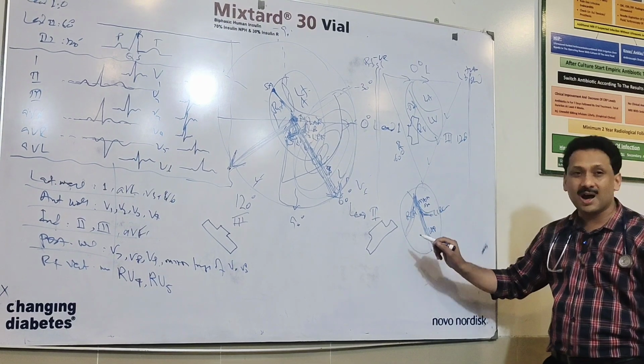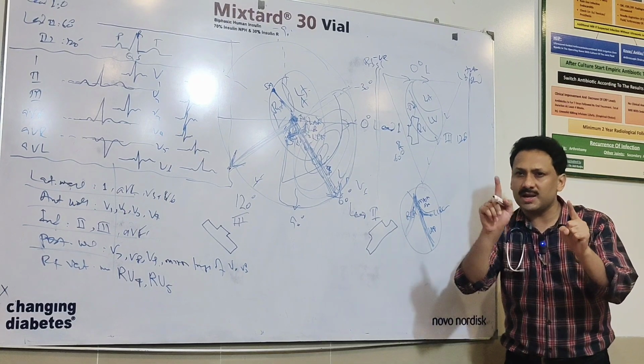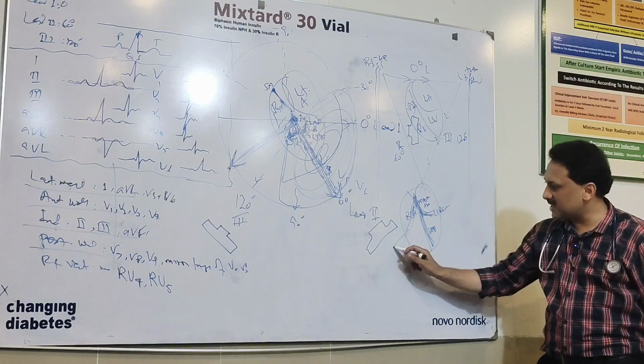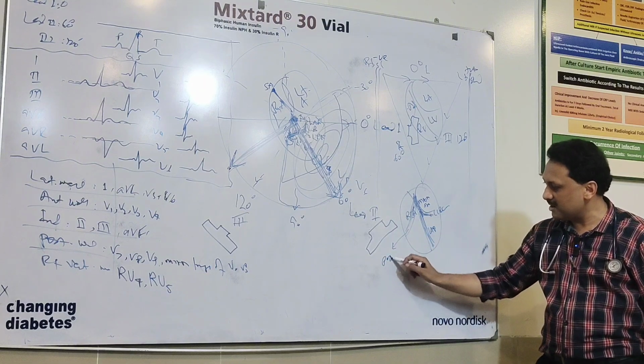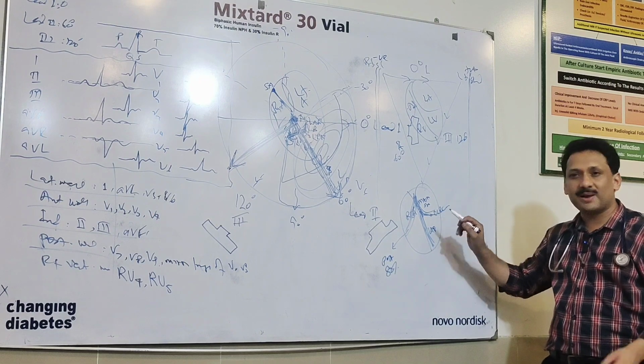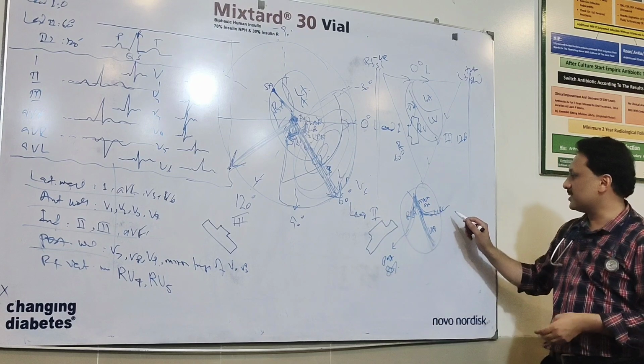And then this RCA, in 80% of patients, gives the posterior branch. So RCA gives the posterior branch in 80% of patients, and the circumflex gives the posterior artery in the rest 20%.